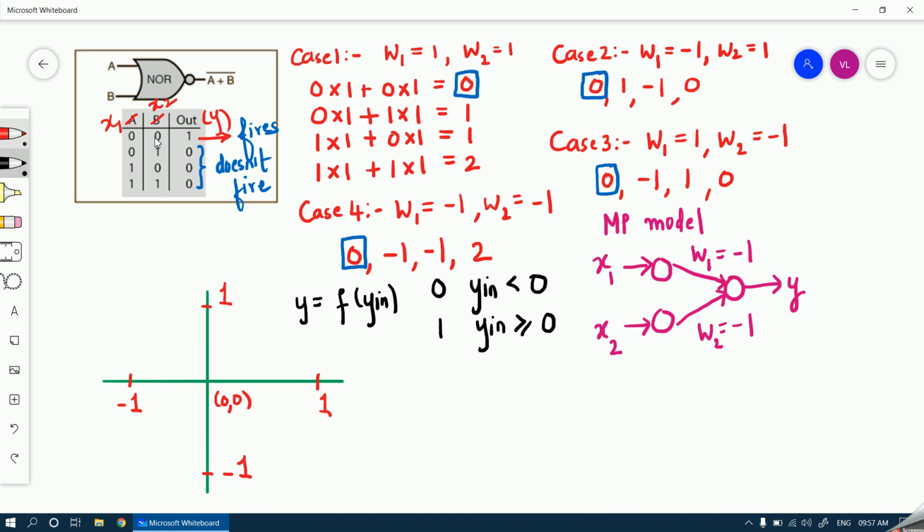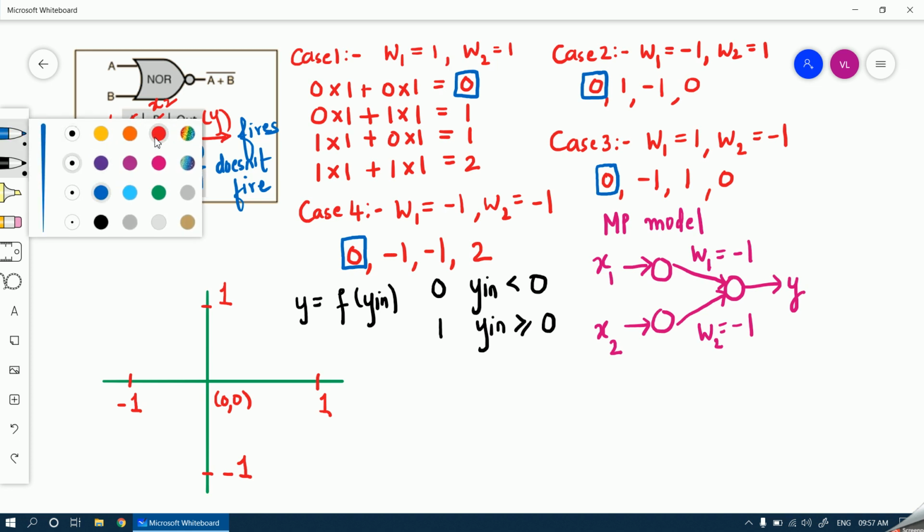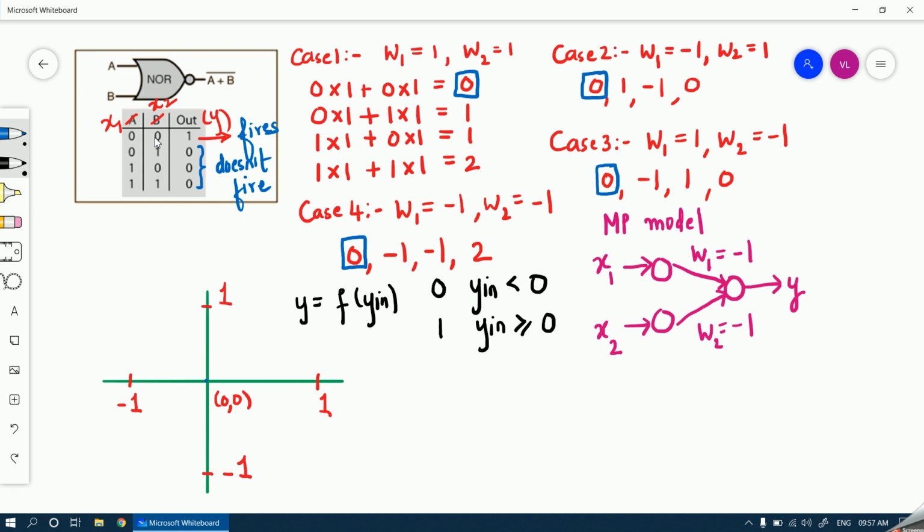So the 4 points, when we are plotting it, 0, 0 is this particular point, as you all can see. 0, 1 is this particular point. 1, 0 is this particular point. And 1, 1 is this particular point. Okay, so this is 1, 1.